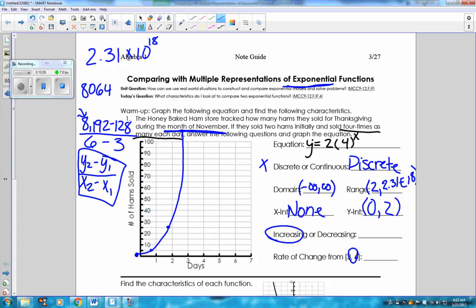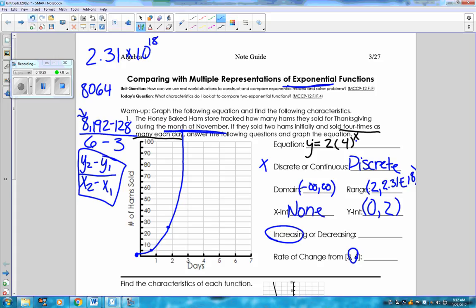So take 6 and plug it in for x in the calculator. What do you get? That's just for y2.